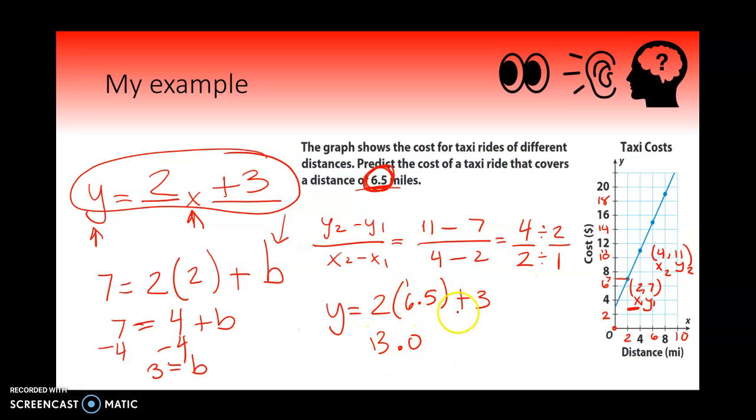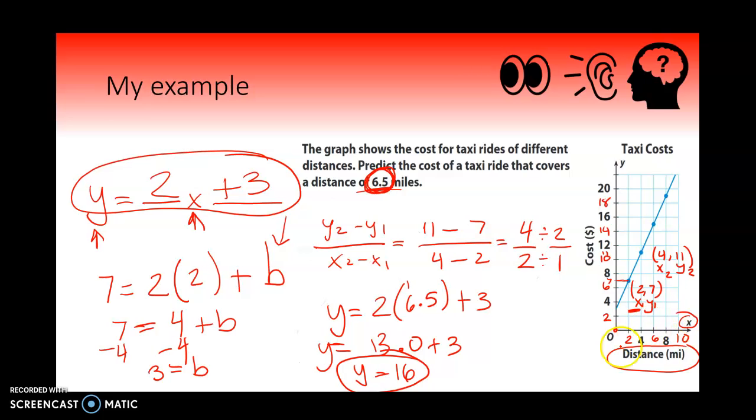So we got 13 plus 3 equals y. And 13 plus 3 is 16, so y equals 16. There you go. That's how much it would cost for 6.5 miles. And we did miles for x because it is the x over here. So cost is y, and that's how much it costs.